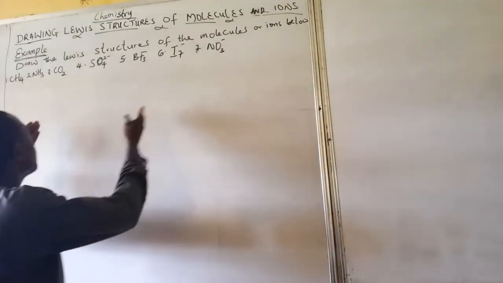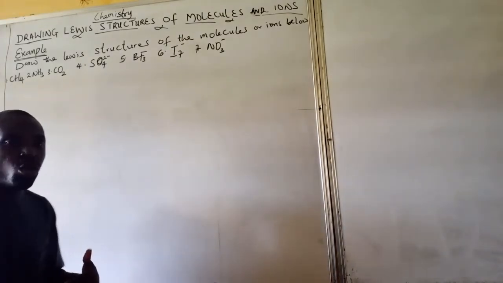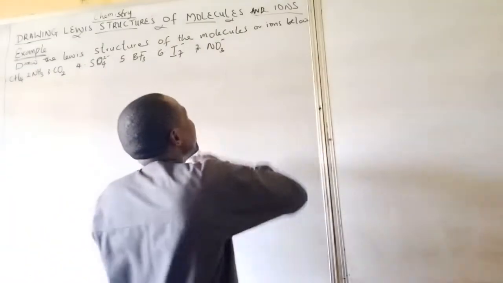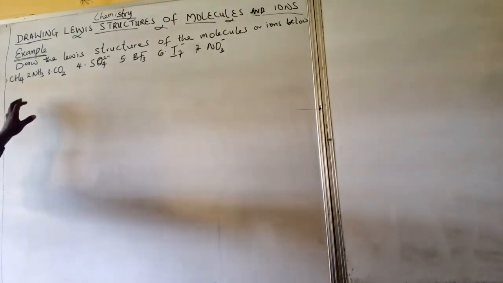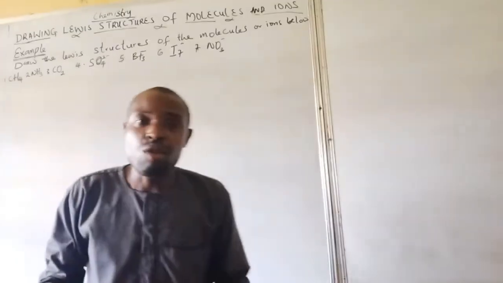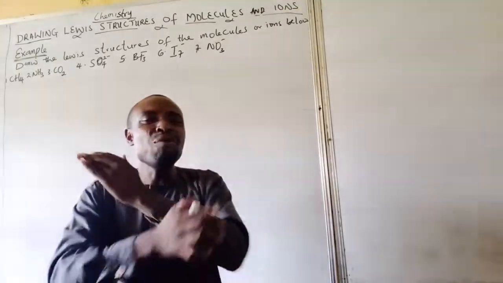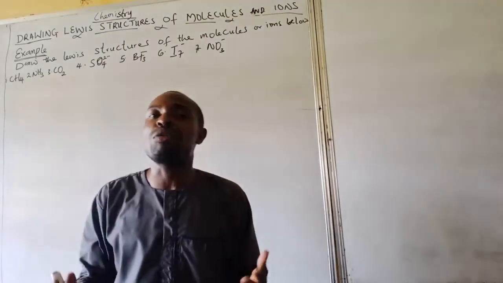Now we move straight away to what you can see as the heading for the class, which is drawing Lewis structure of molecules and ions. With these 7 examples that we'll do right here on the board, we all should be able to draw any Lewis structure, and from the Lewis structure we know so much about them.